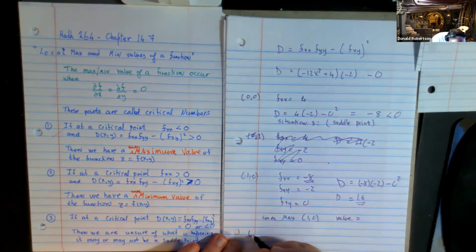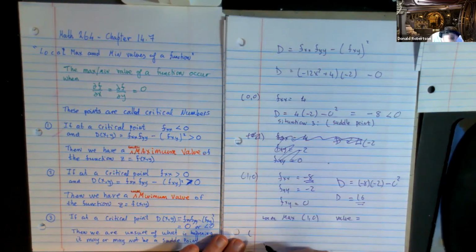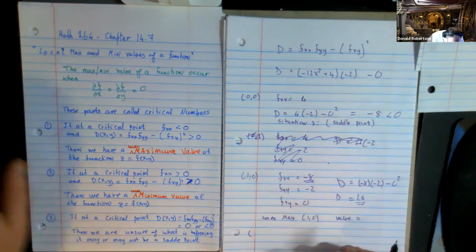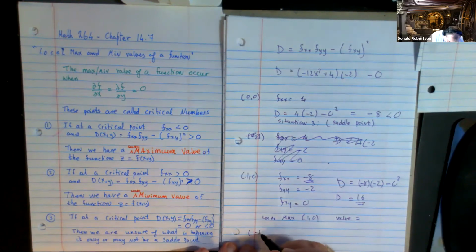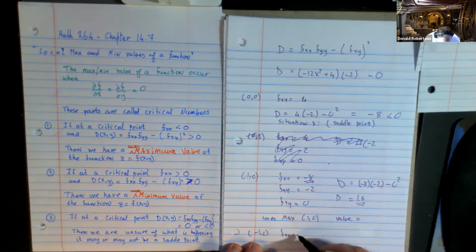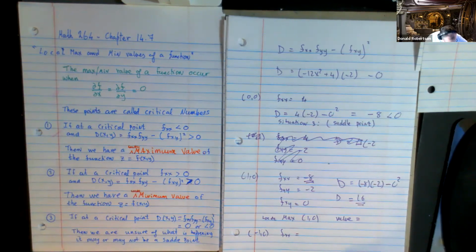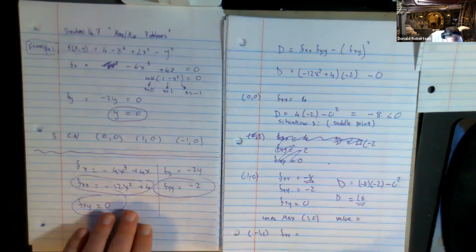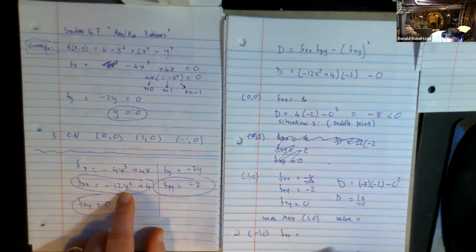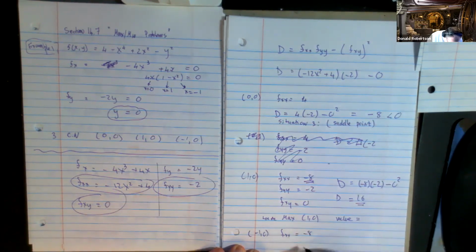Now, if I do the last one in the set, which I believe is, where did I write my answers? Oh, it's -1, 0. This guy here is, let's see what he's equal to. If you plug in -1 here, you get that.